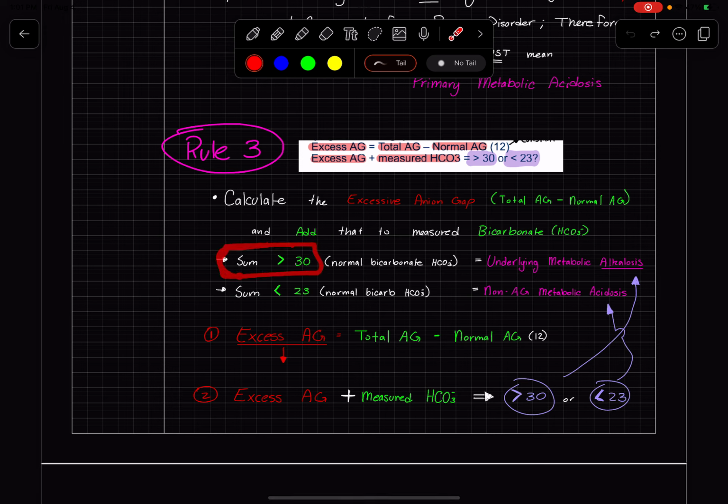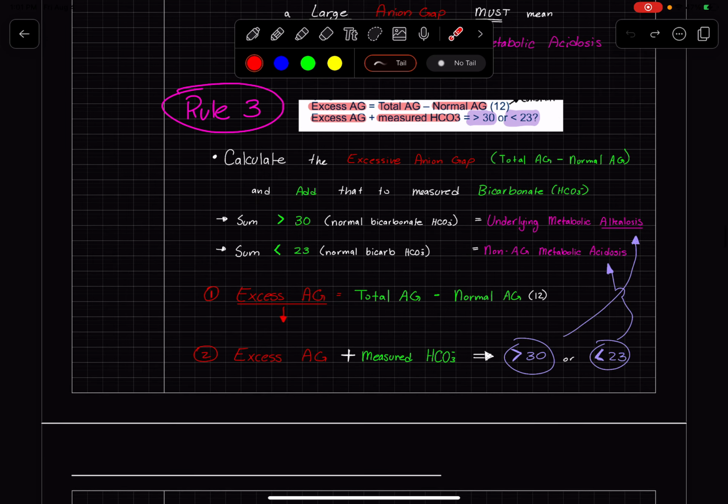When you're outside the range of 30 on the upper levels, think of it like you have more than 30 bicarb, which means basic, right? So if you have more than 30 bicarb, that means you're way more basic. So that's going to hone you in on an underlying metabolic alkalosis, right? Because you have more bicarb, theoretically.